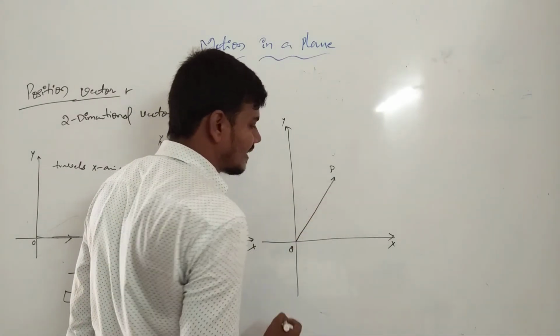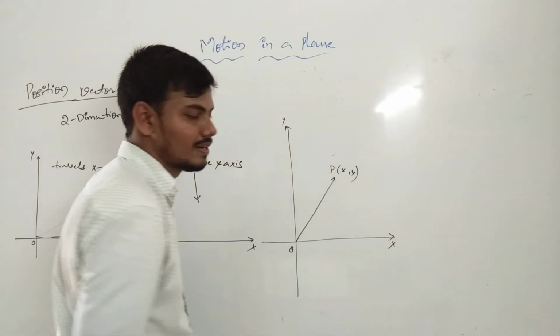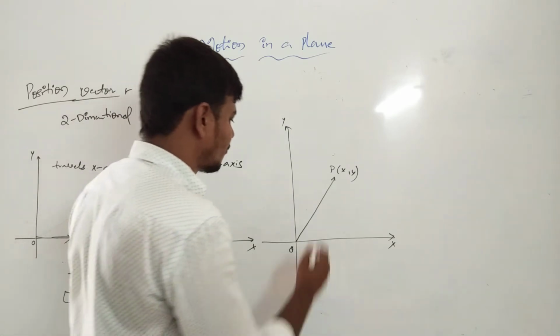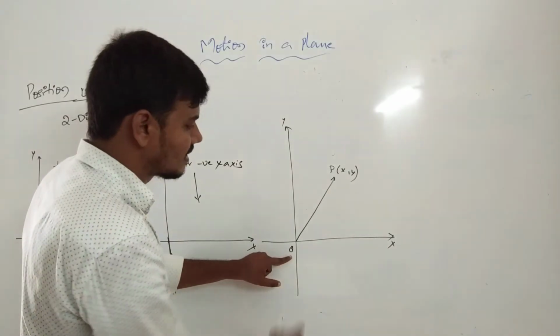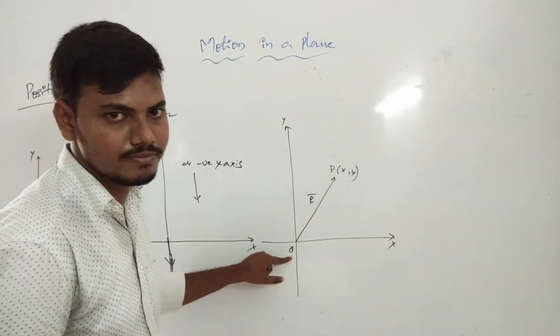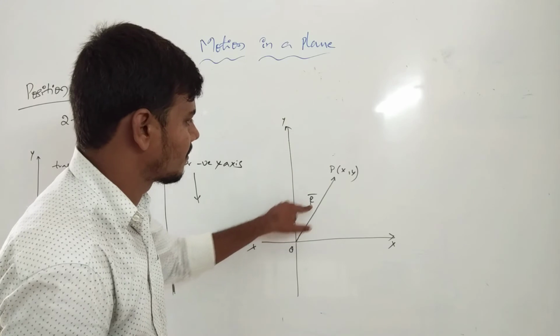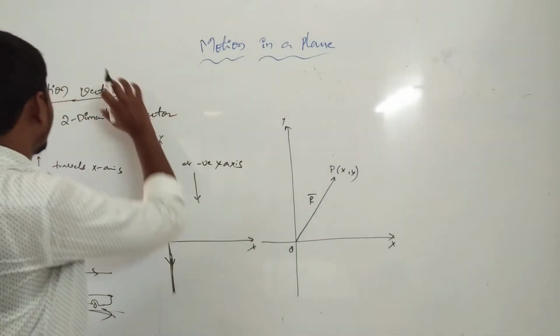The resultant we take as r bar. Now r bar, the position with x and y components, this representation is known as the position vector.